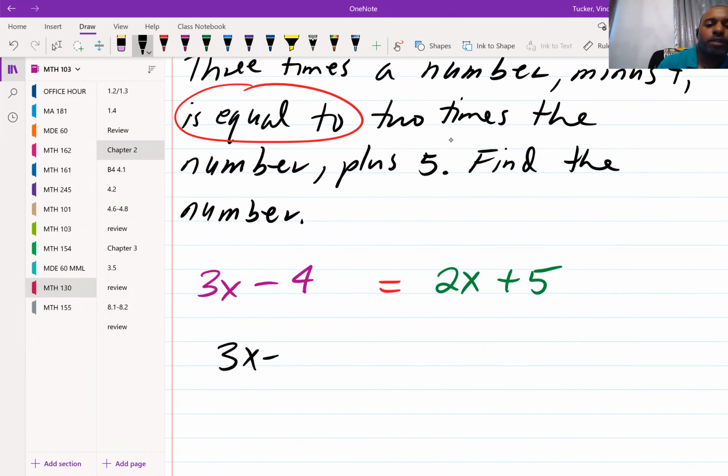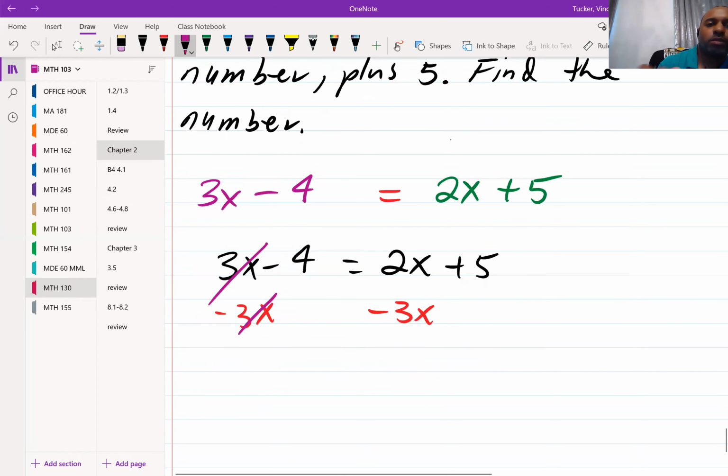I'll move the 3x. Subtracting 3x from both sides. 3x's cancel. -4 equal to -1x plus 5.